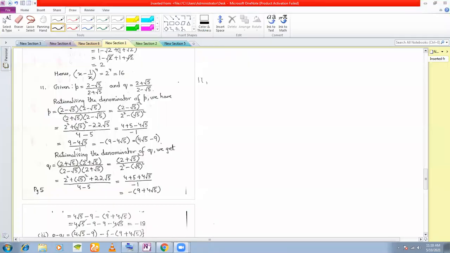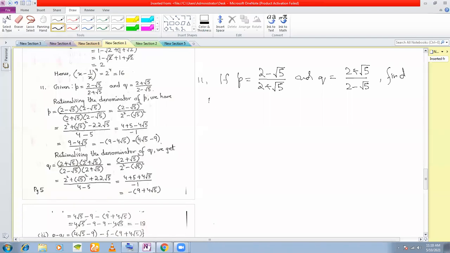For number 11, the question here is: if p is equal to 2 minus root 5 divided by 2 plus root 5, and q is equal to 2 plus root 5 divided by 2 minus root 5, find the values of: first, p plus q.